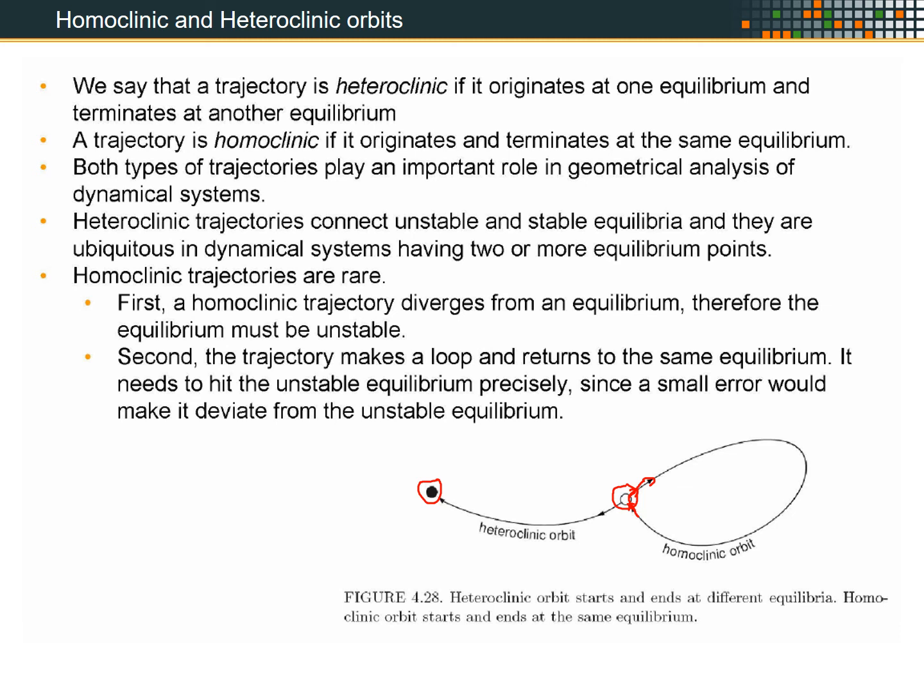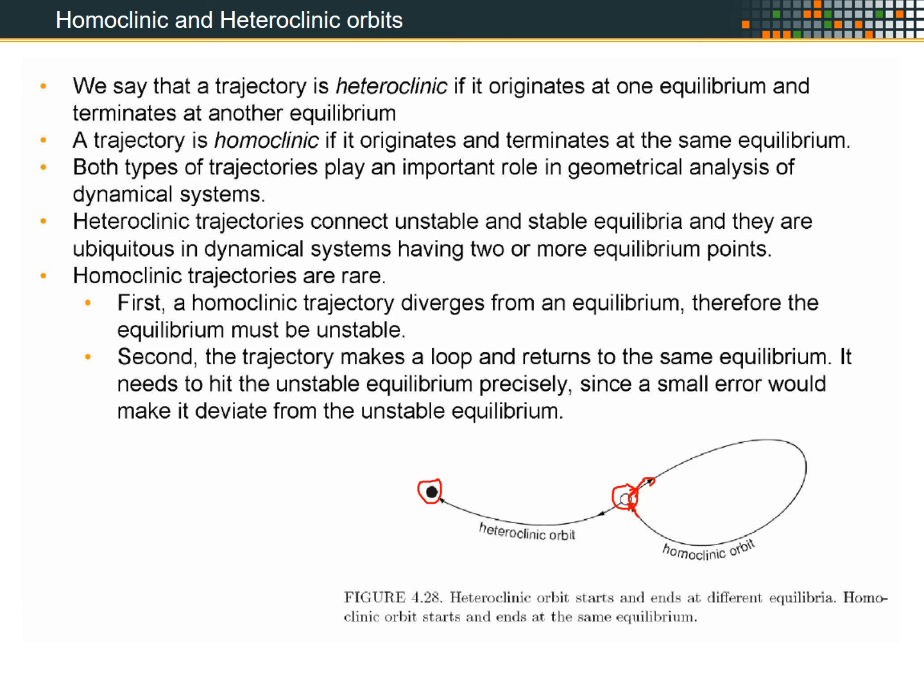Both types, however, play an important role to understand the dynamics of a system, and especially excitability. And we will use these in the next lecture to characterize the principal behavior in terms of information integration. Heteroclinic trajectories connect essentially unstable and stable equilibria, and they are ubiquitous in dynamical systems having two or more equilibrium points.